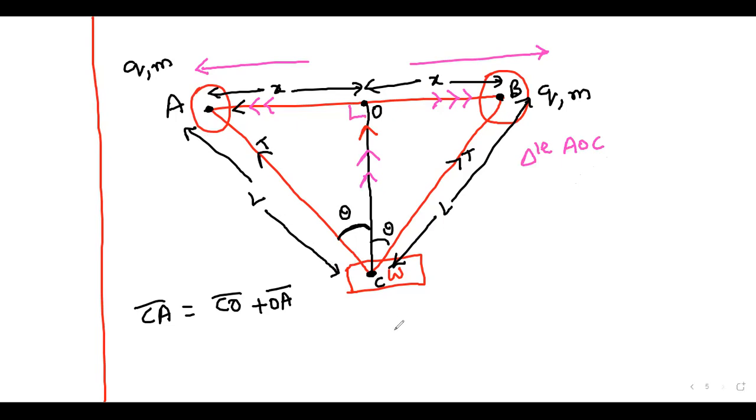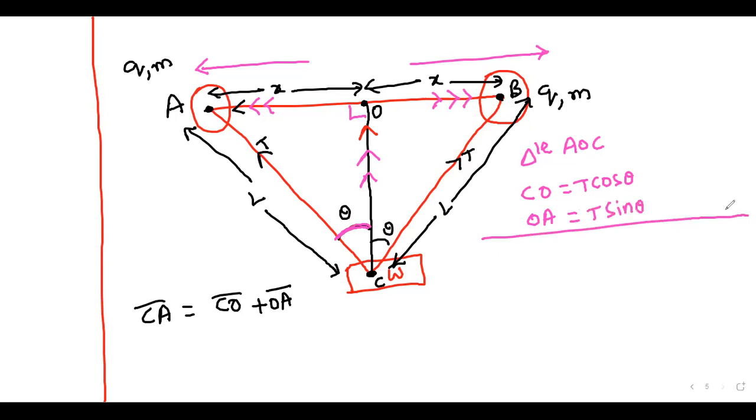So CA will be the hypotenuse. So I can write CO as T cos theta. Similarly, OA is the opposite side to the given angle, so I can write it as T sin theta.